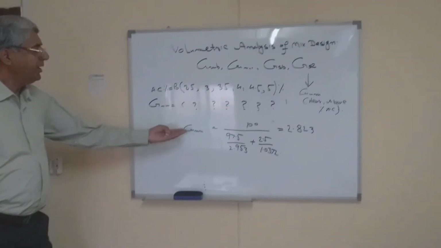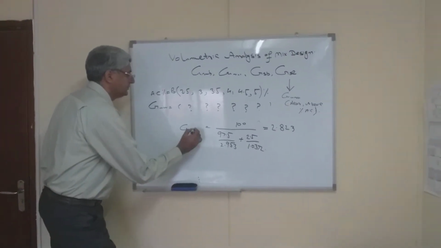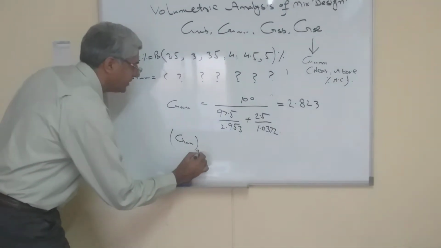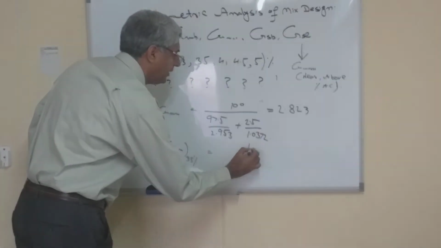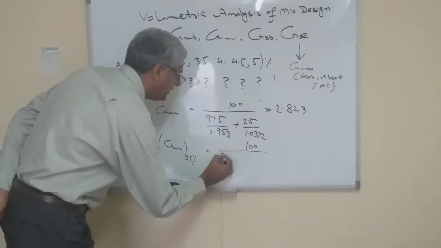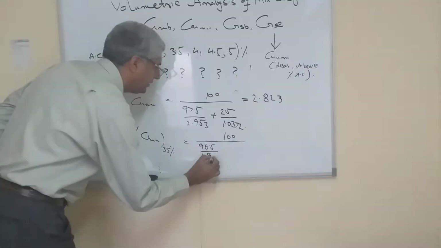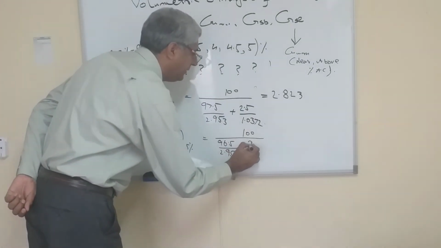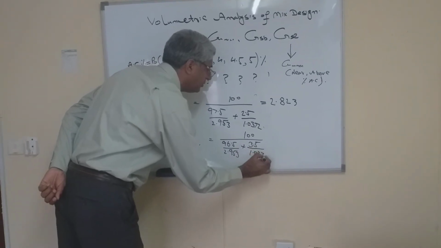Suppose I want to calculate the GMM at 3.5%. Now some values will change over here. 100, now it will change, 96.5 divided by 2.953 plus, now this value will change, 3.5 divided by 1.0372.